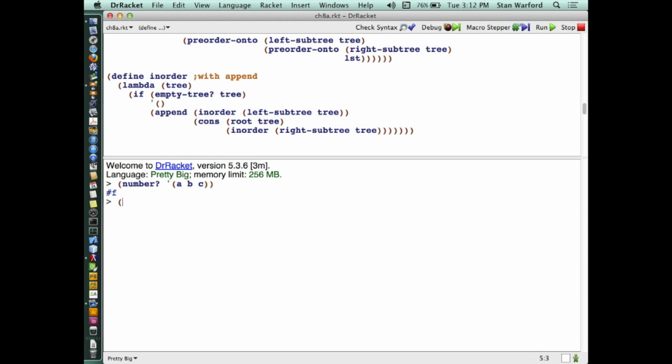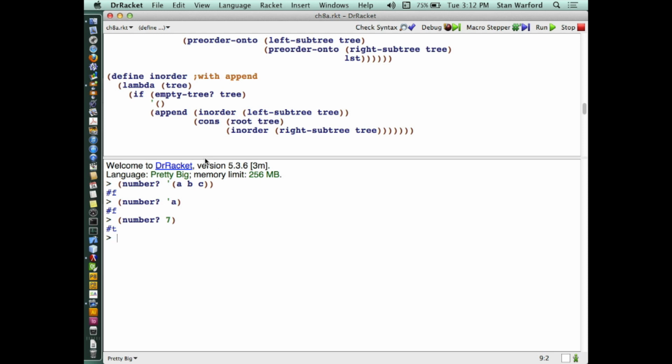No. And what do you think? Is that a number? No. And what do you think? Is that a number? Yes. Okay, does everybody see how number works, right?